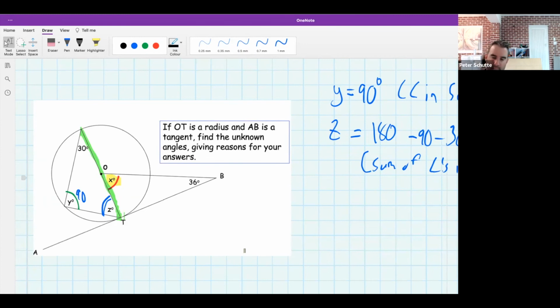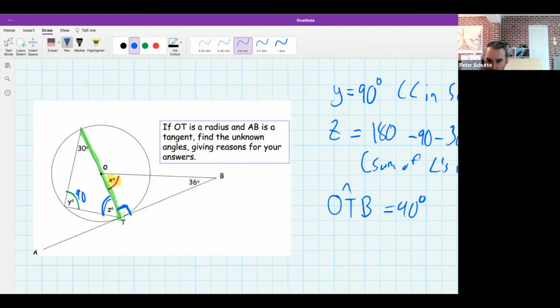I was going to say that the theorem we're going to use to start first is when a line from center meets tangent, then the angle is equal to 90. Aha, so you're saying this one here is 90. Yes. So we're going to say OTB is equal to 90.